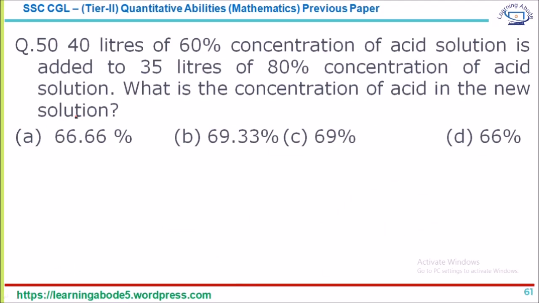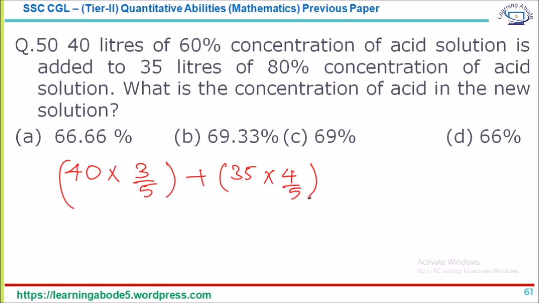The next one, 40 liters of 60% concentration of acid solution is added to 35 liters of 80% concentration acid solution. What is the concentration of the new solution? Now 40 liters of 60% concentration, that's 3 by 5, and 35 liters of 80% concentration.